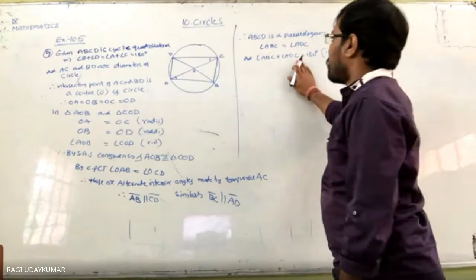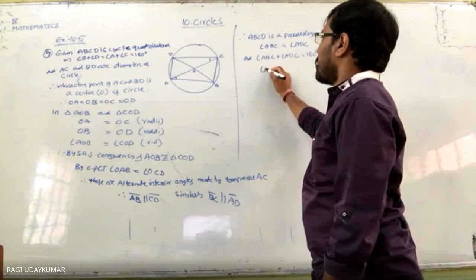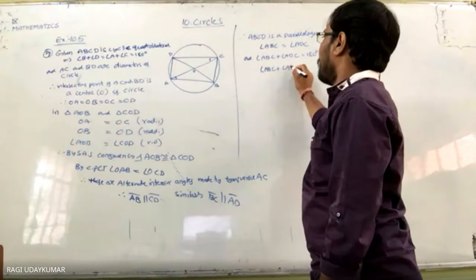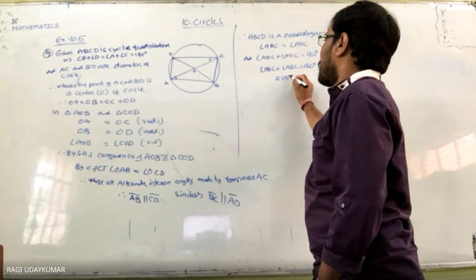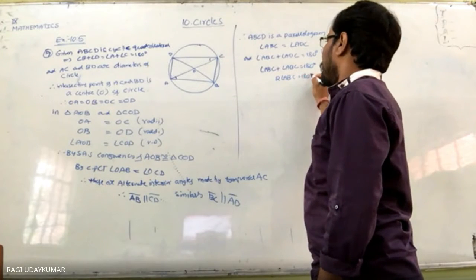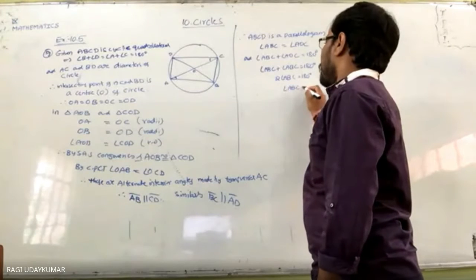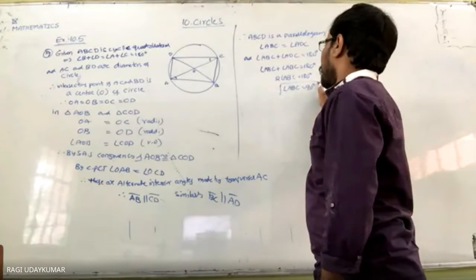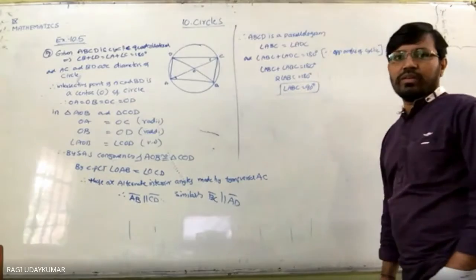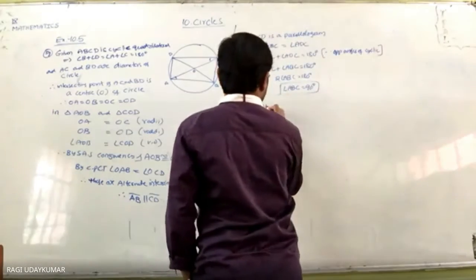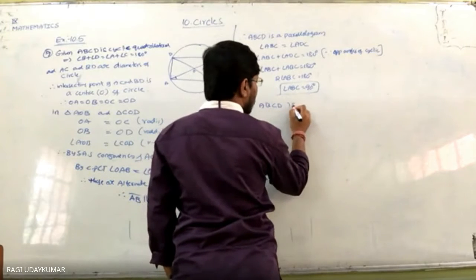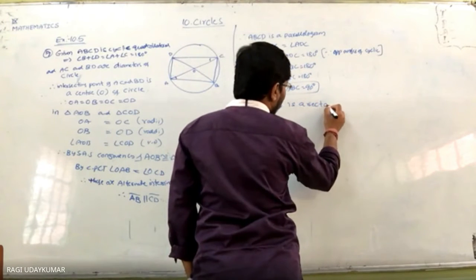And here both are equal. So 2 times angle ABC is equal to 180 degrees. 1 time angle ABC is equal to 90 degrees. So in ABCD, one angle is 90 degrees, therefore you can see that ABCD is a rectangle.